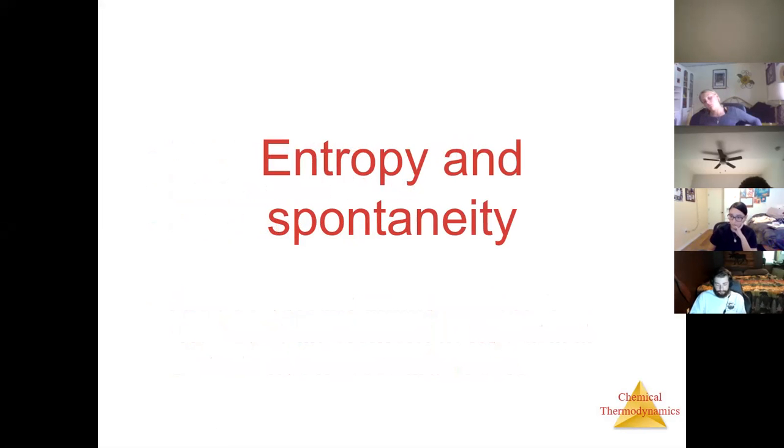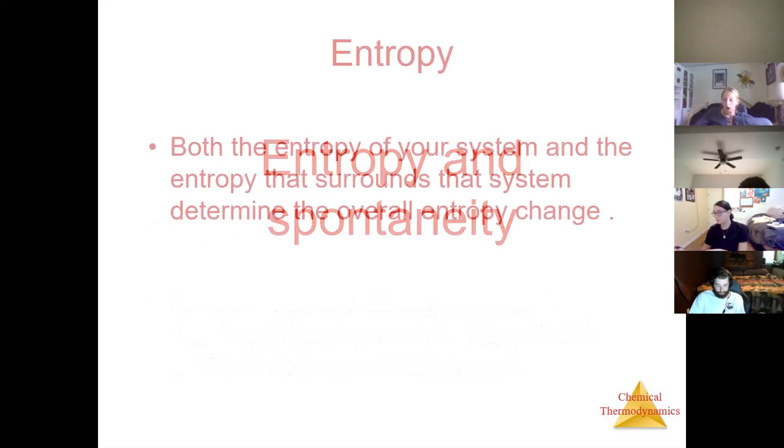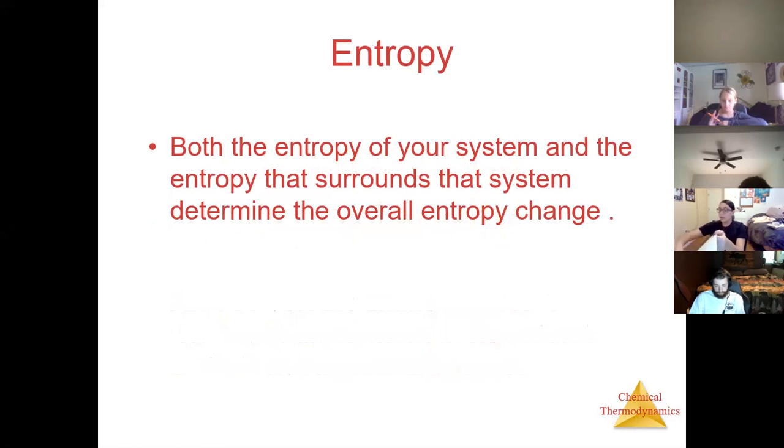Okay, now we're going to deal with entropy and spontaneity. The entropy of the system and the entropy of the surroundings are going to determine the entropy of the universe. Surroundings and system added together equal the entropy of the universe.